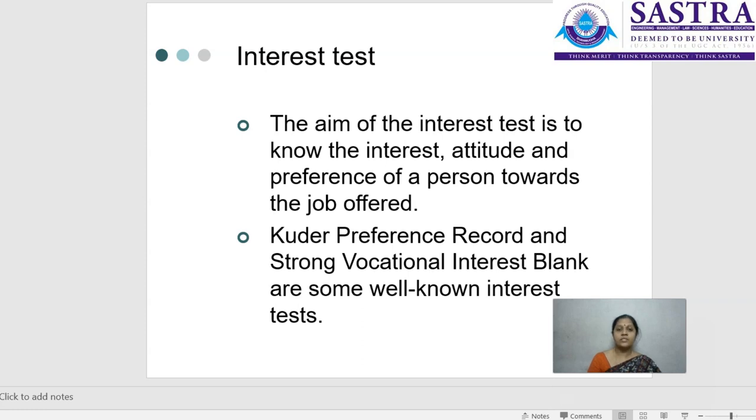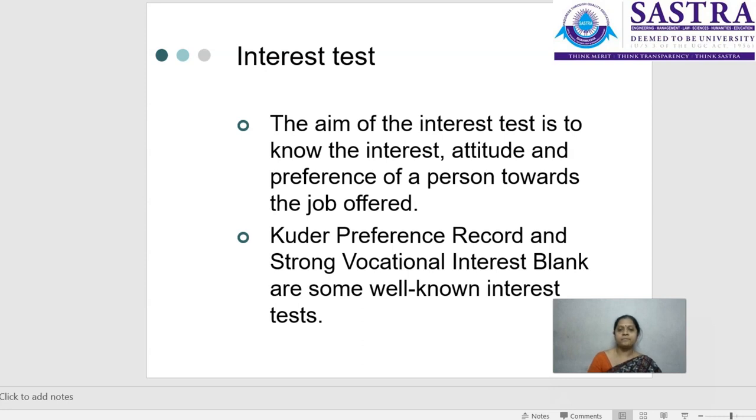A test which measures a person's mental and physical abilities is not sufficient to achieve a desirable job performance, and hence, apart from those tests, we also have the interest test in order to measure the interest level of the candidate, their attitude, and their preference towards the job offered.